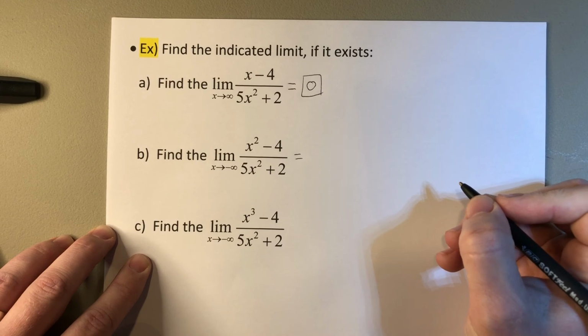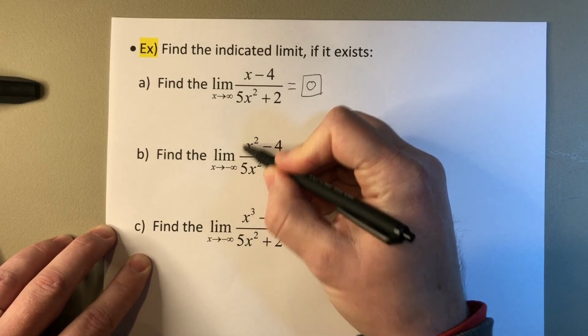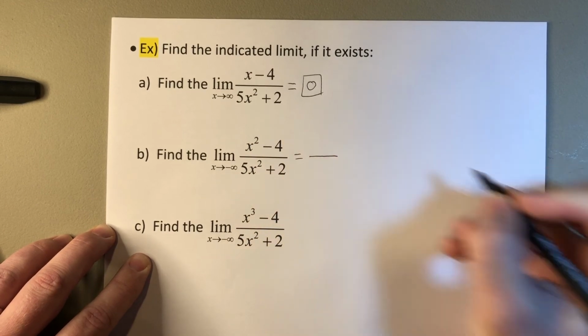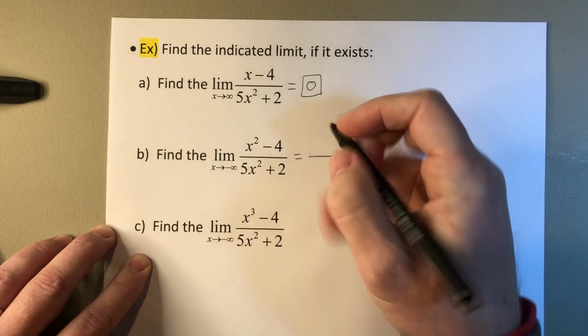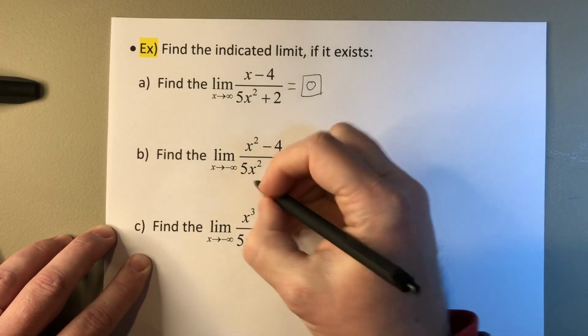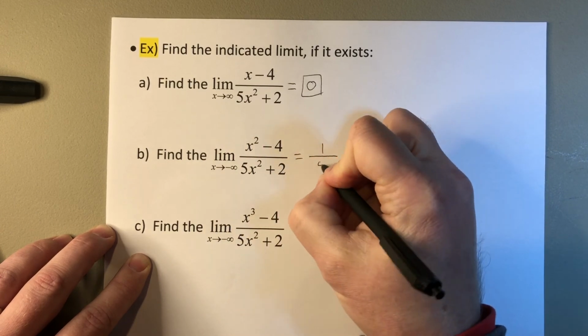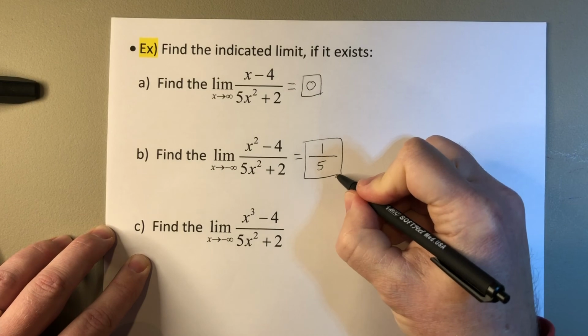The answer is going to be the ratio of the leading coefficients of the top and the bottom. So what are the leading coefficients? Well, the leading coefficient of the top is understood to be 1. The leading coefficient of the bottom is right in front of your face. It's 5. So the answer to this limit is 1/5.